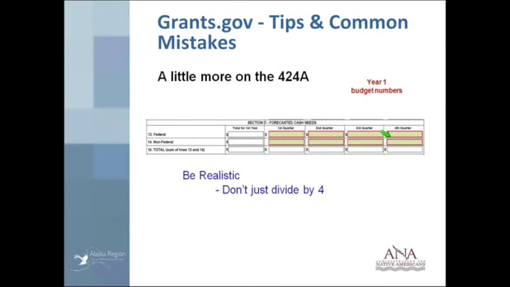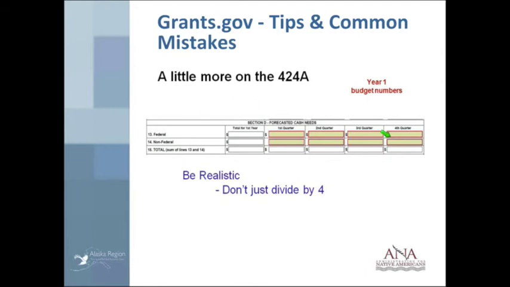Section D, we're still talking year one budget numbers. So for this one, what you're going to do is forecast and project your cash flow. A lot of times what people do is they just divvy this up by 4, and it looks kind of conspicuous. Since we know, typically in the first quarter, the hiring is delayed at least several weeks.